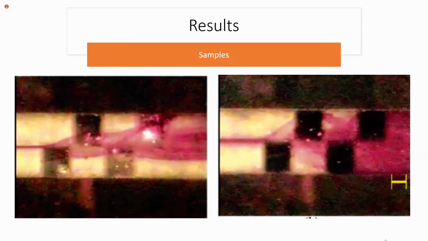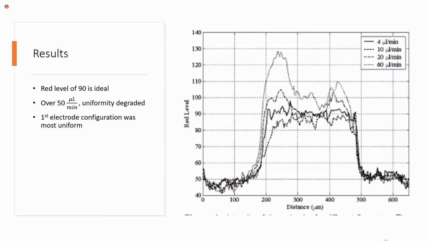Also, I have a question about the graph that you showed between red level and distance. So what distance exactly? This one. I should have put it to the left, but the distance is actually 100 micrometers from the edge of the transducer, so it's not all the way from the beginning.